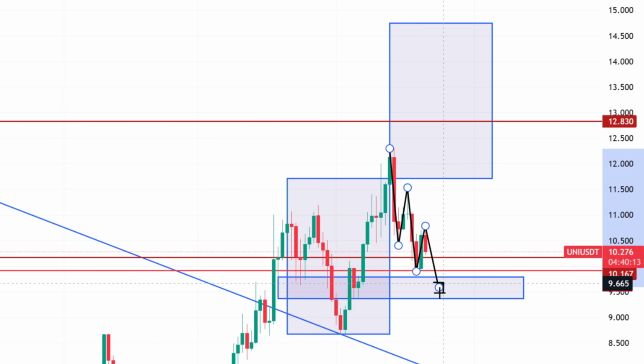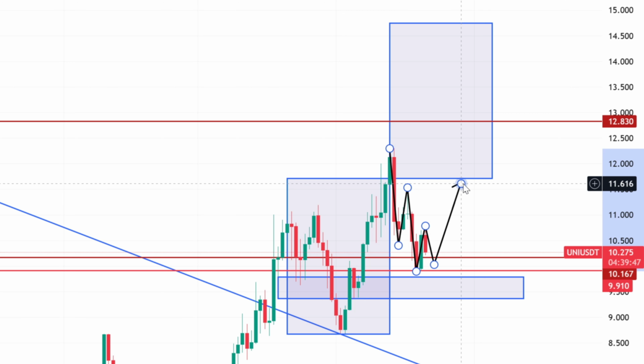So that means if we would make a new low, then we would need to break this high right here. In case we are not breaking this low right here, so let's say we just go to here, then we would need to break this high right here to have a break of structure, and that is what we want to see for the bulls to get back in control.